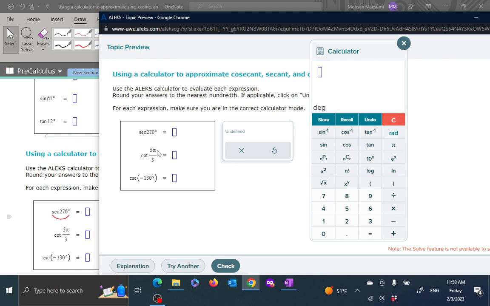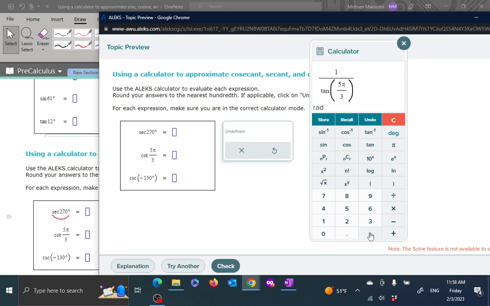You see that there is no little circle there, so that means it's radians, so put radians, and cotangent is 1 divided by tangent. Tangent, and then I have 5 pi divided by 3.